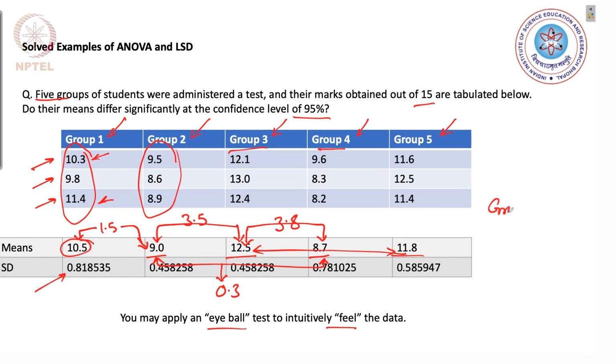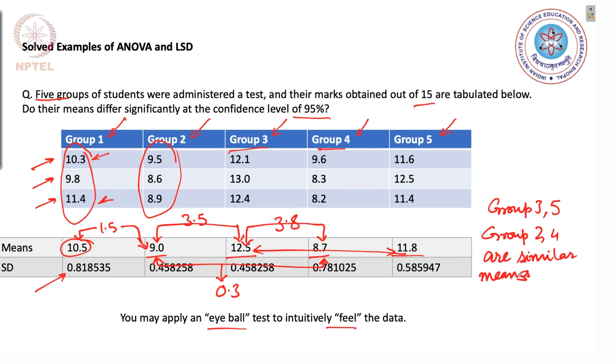So, groups 3 and 5, and groups 2 and 4 have similar means. The rest of the others have statistically different means.